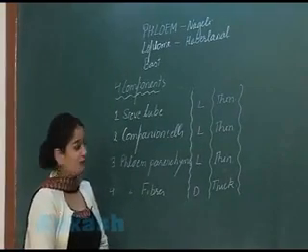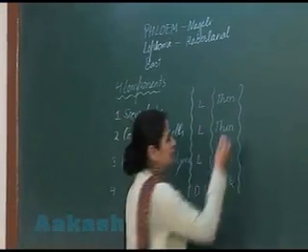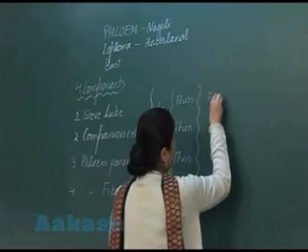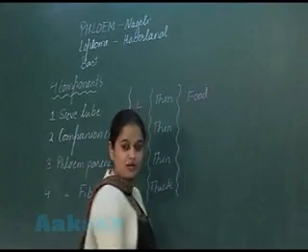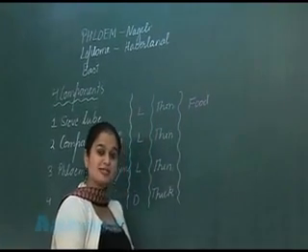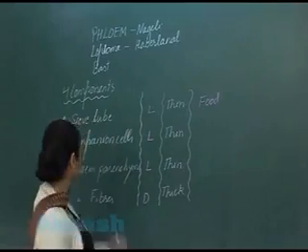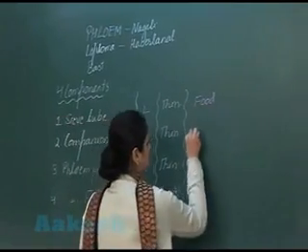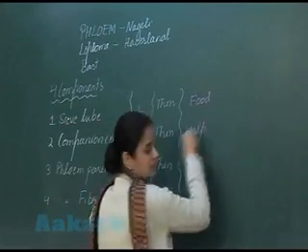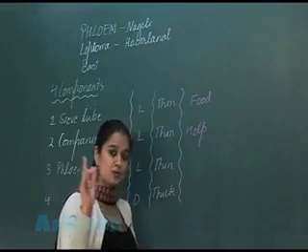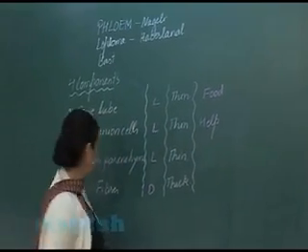Now the important functions. Sieve tube, they are involved in the food transport. For the food transport, the sieve tubes are helped by the companion cells. They help the sieve tube. They control the activities of the sieve tube.